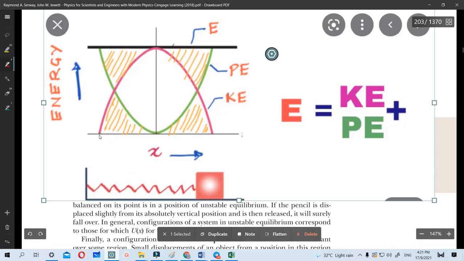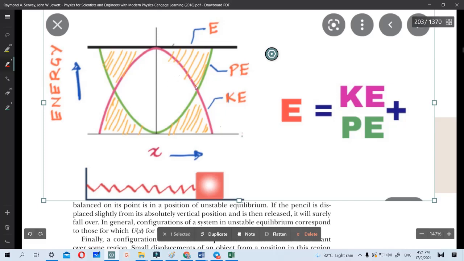We find that at this location, compression, the total energy is in the form of potential energy, while when it is at zero, no compression, the energy is in the form of kinetic energy.